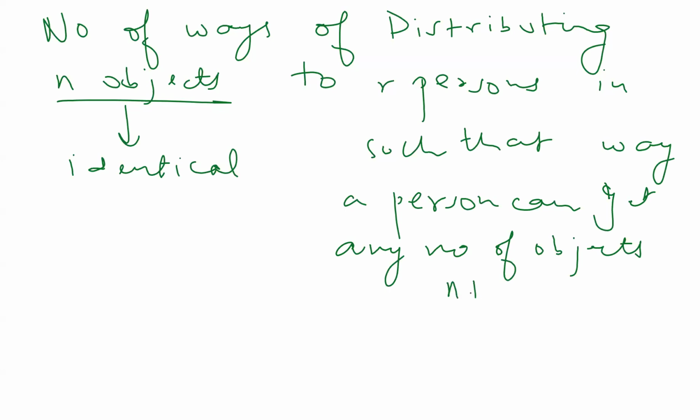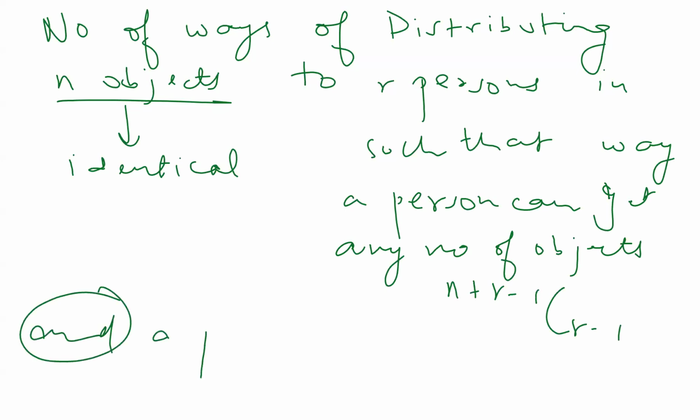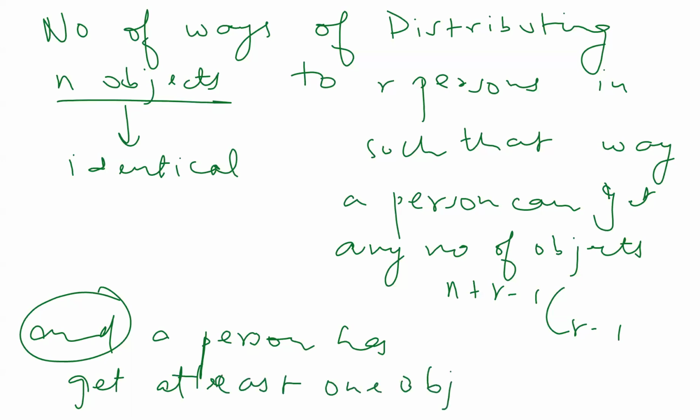So the formula is n plus r minus 1 C r minus 1. And if a person has to get at least one object, the formula is n minus 1 C r minus 1.